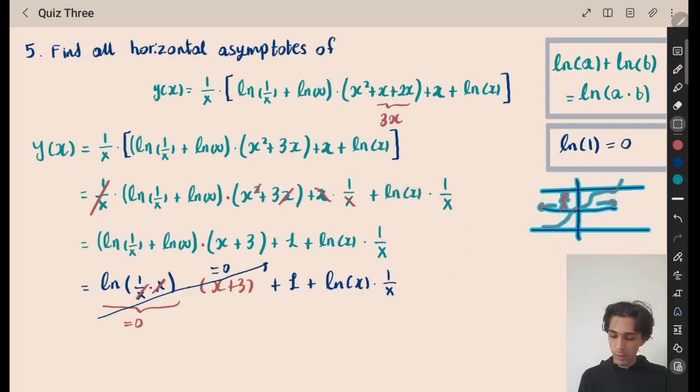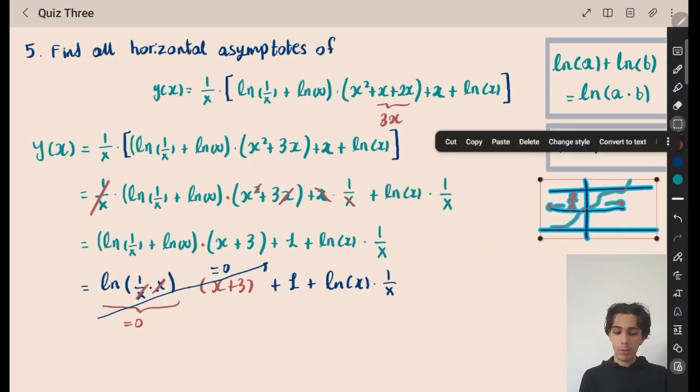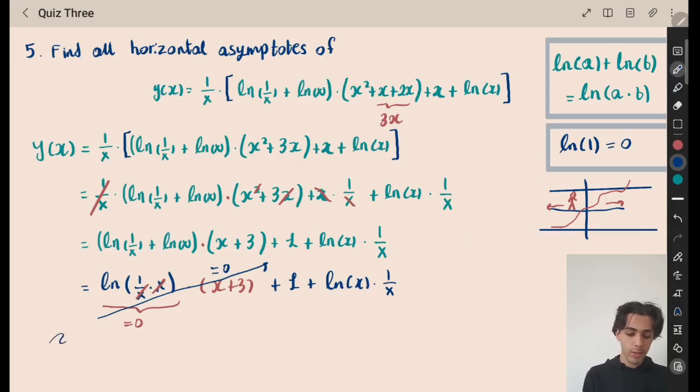I'll leave this graph to you here. I was not planning on writing this down. I think I just improvised. But it looks nice, so I'll leave it. We're looking at the limit as x tends to plus or minus infinity of y of x, which is simply equal to, after the simplifications, 1 plus ln of x divided by x.